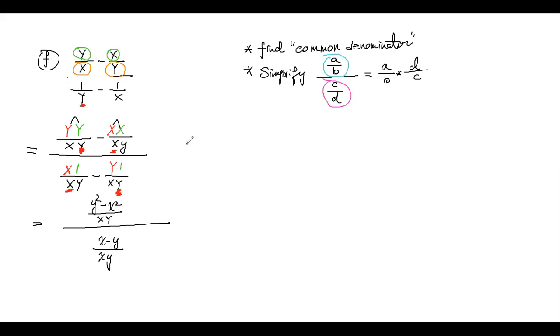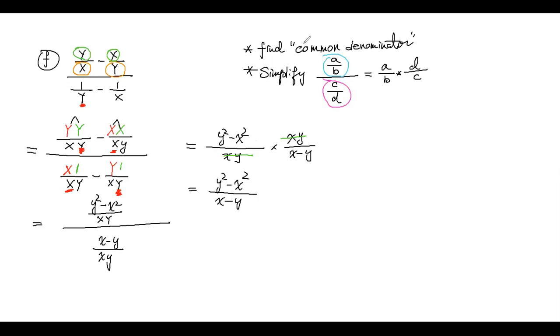This is y squared minus x squared over xy. I flip, so switch here. This is xy, this is x minus y. These two cancel. So I have y squared minus x squared over x minus y.